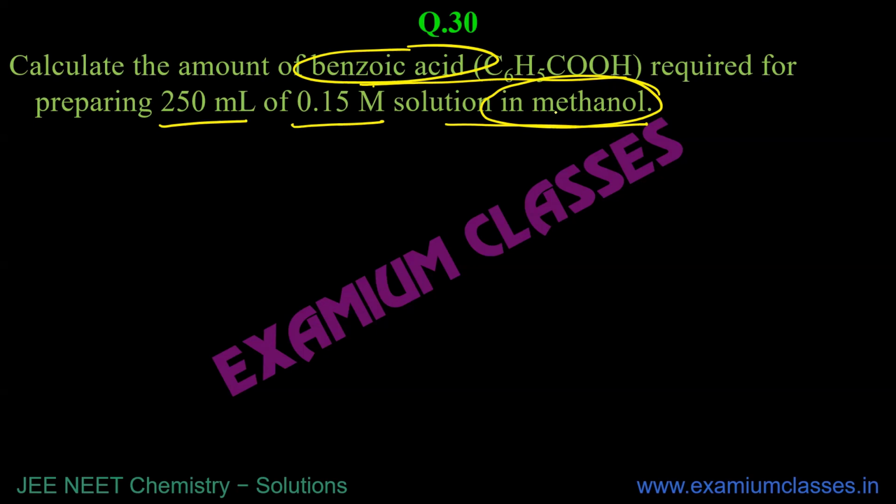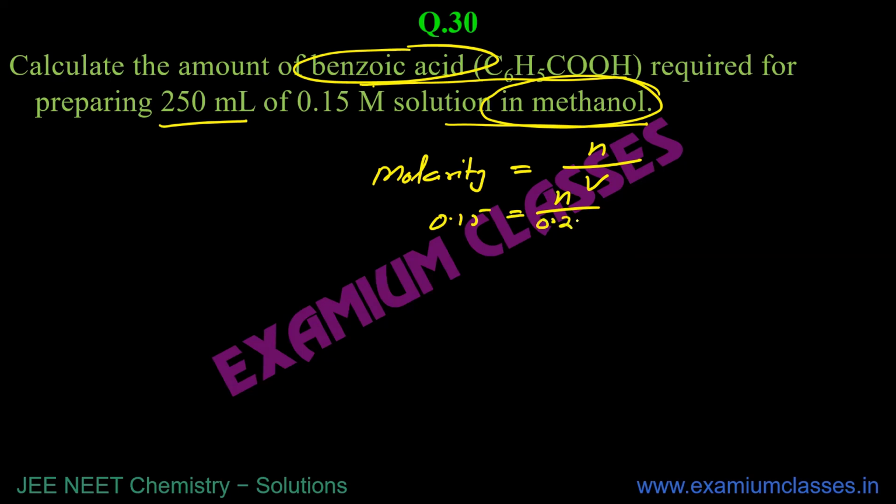Remember, molarity. If it is molarity, it means you know the number of moles of benzoic acid. So you can apply the formula: molarity equals number of moles divided by volume. Molarity is given as 0.15, equals number of moles divided by volume.